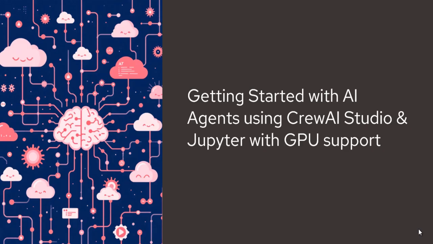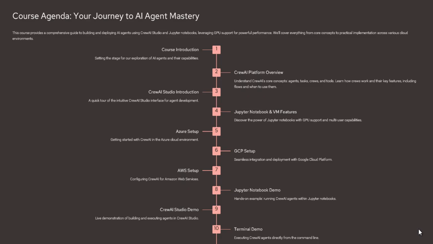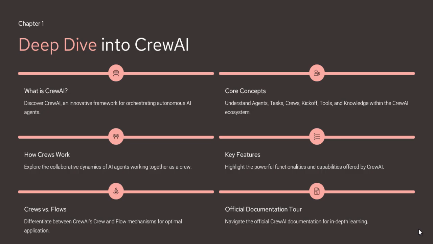Before we dive into today's demo, let's take a quick moment to recap what we have covered so far in this series. In the earlier videos, we introduced the CrewAI framework, exploring its core components, key capabilities, and how it empowers you to build powerful multi-agent systems with ease.